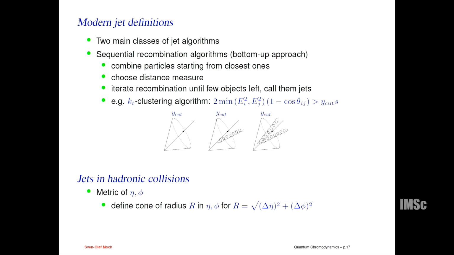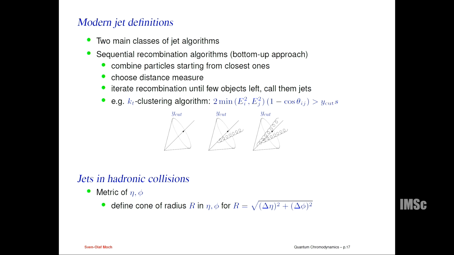You start from all the particles that you have in your event, or that pass a certain cut in the experiment, or that you put in as particles in your theory computation, and then you choose a distance measure for your particles, to say how far apart they are in phase space.